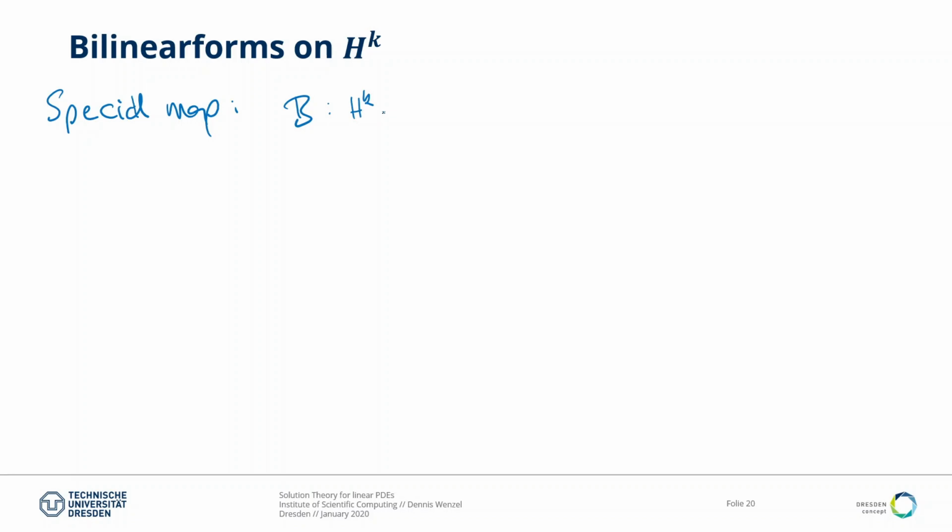They take two arguments from the space HK and again map into R. And they are supposed to be linear with respect to both arguments. So you could say they are supposed to be linear in both arguments.